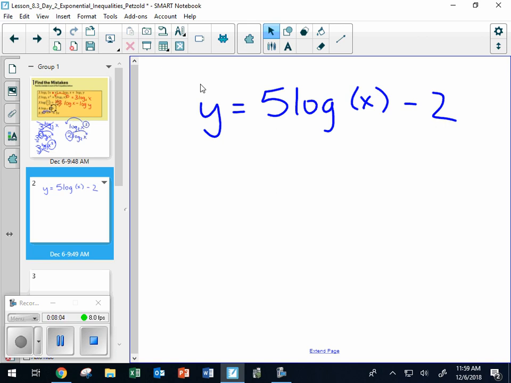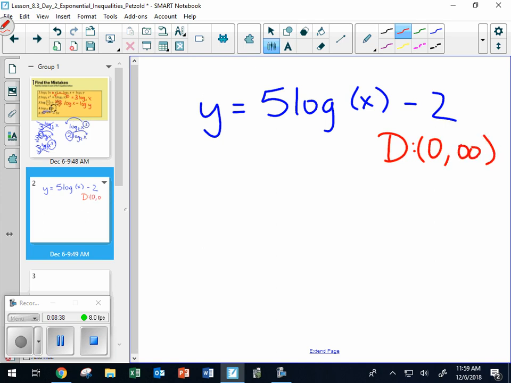Actually, before we even find the inverse function, can we find something else first? Can we find the domain? If we are looking at our original function here, we're finding the domain, which means what values of x will not work? 0 and negative numbers will not work. So our domain would indeed be 0 to infinity. That would be our domain.